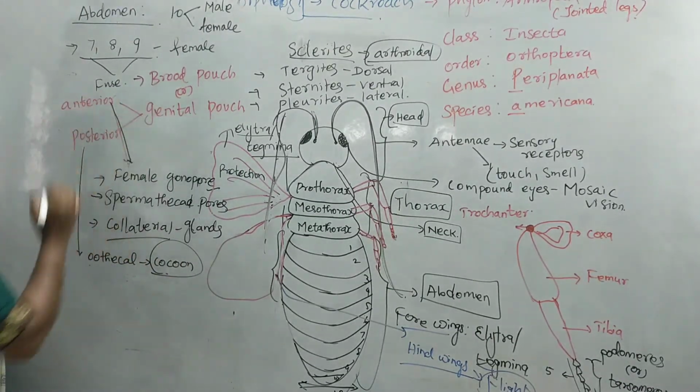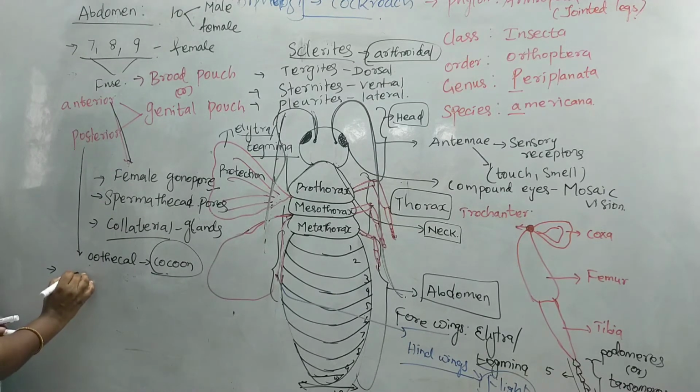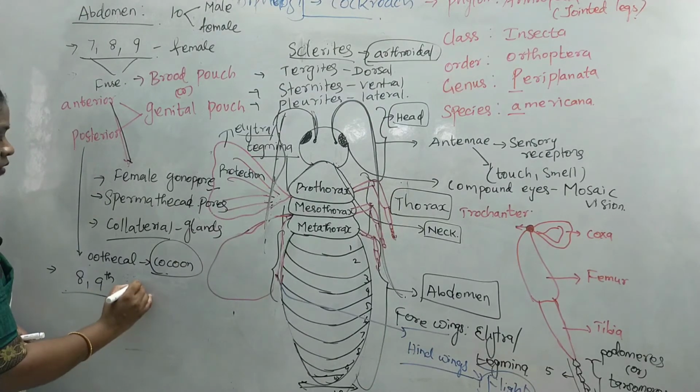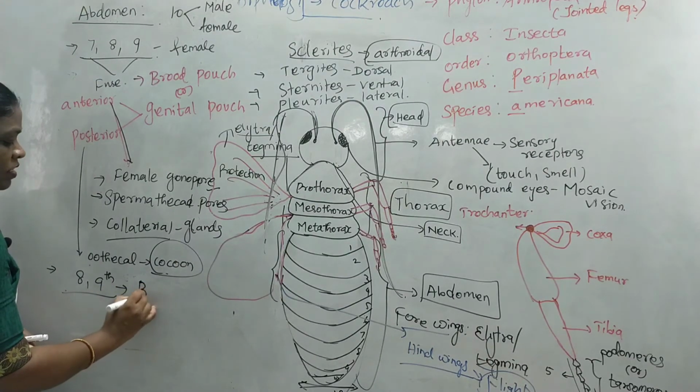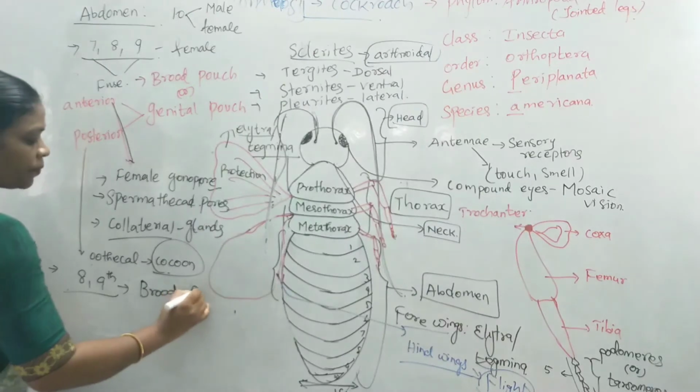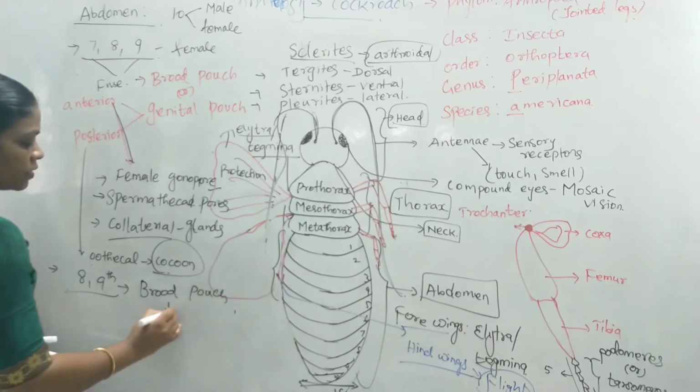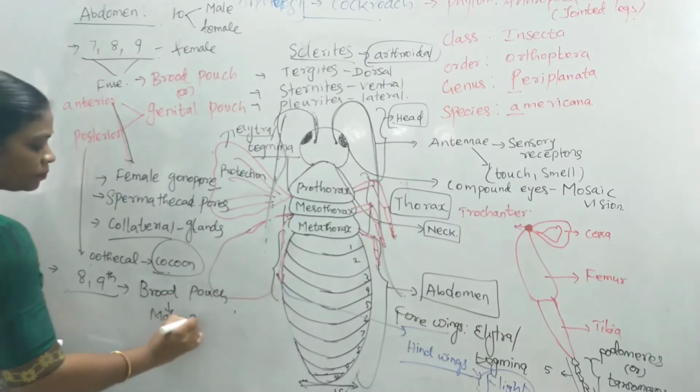When we take the male, the 8th and 9th segments fuse and form a genital pouch, which contains the male genital pore.